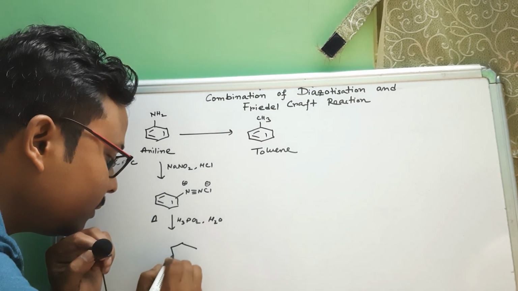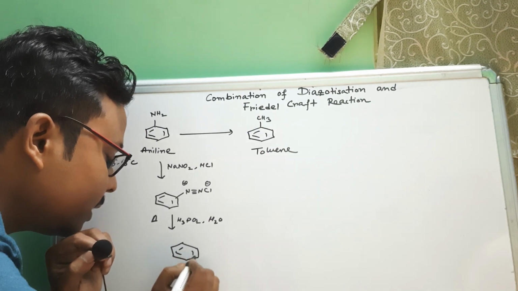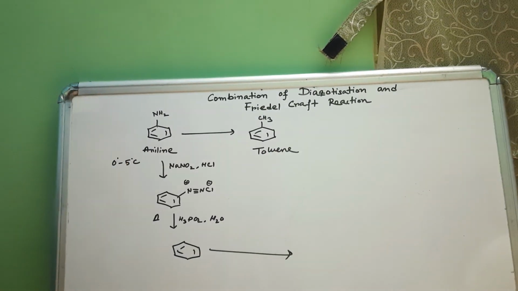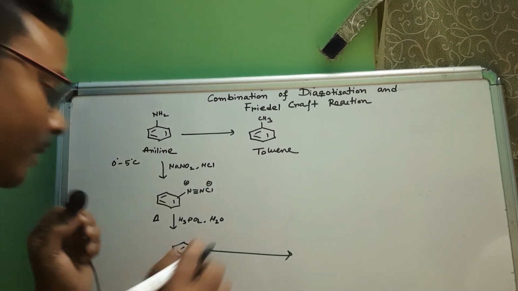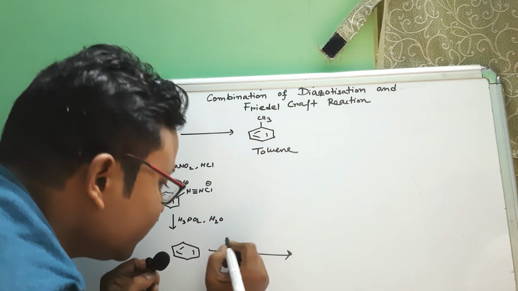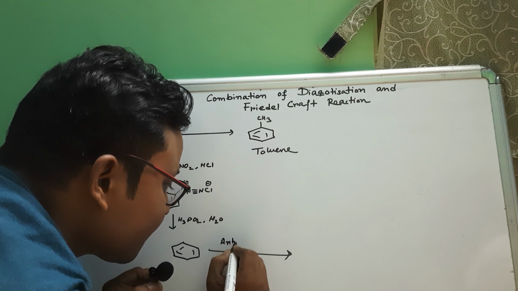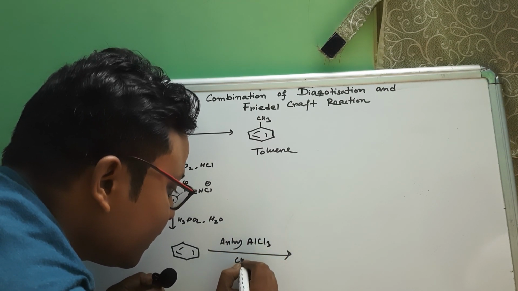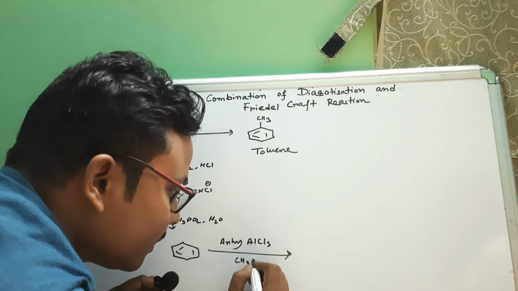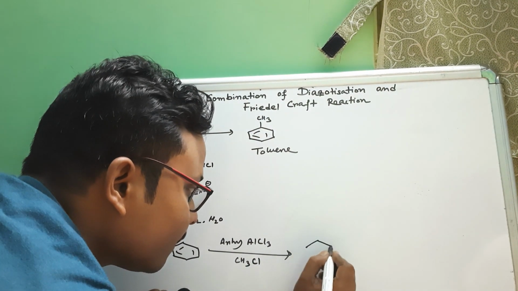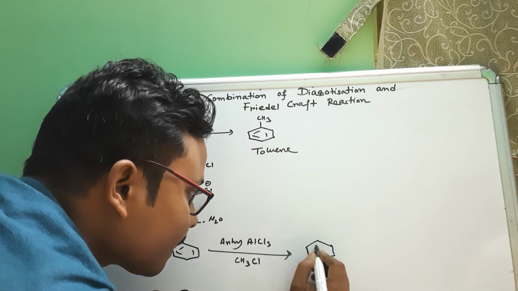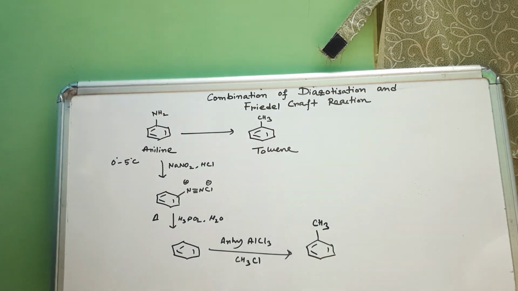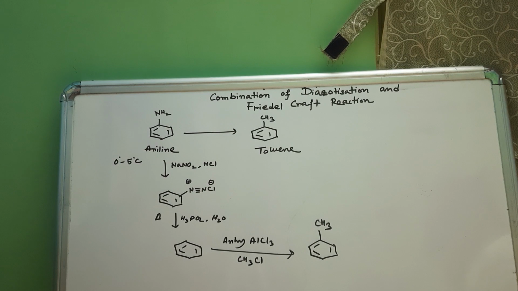If you use H3PO2 and water and heat, you will get benzene. And once you get benzene, you can use the Friedel-Crafts reaction, anhydrous aluminium chloride and CH3Cl, to get toluene. Okay.